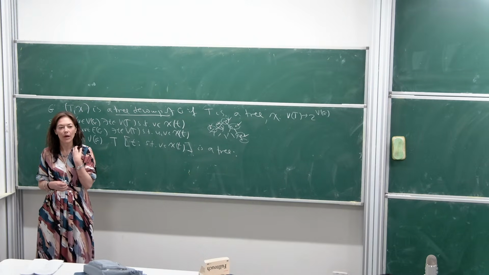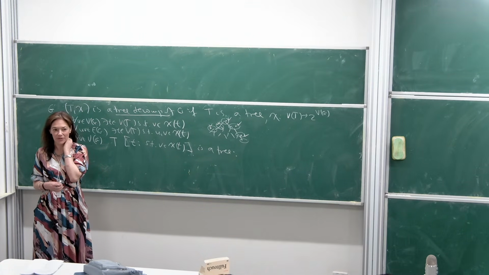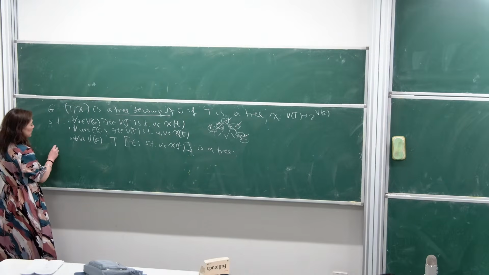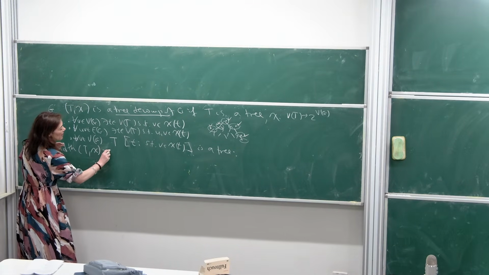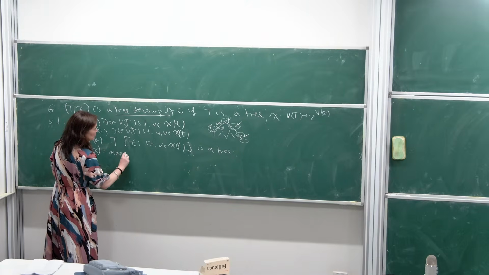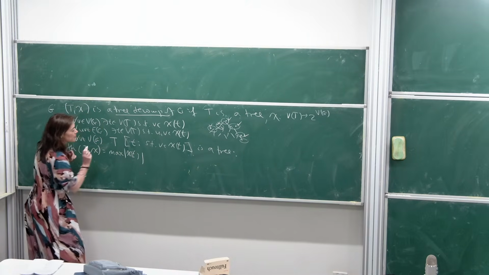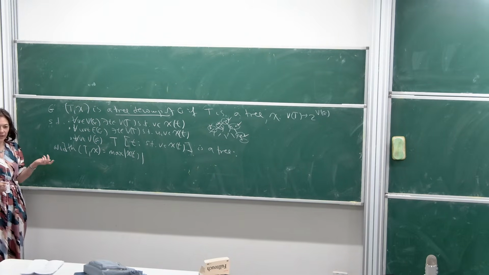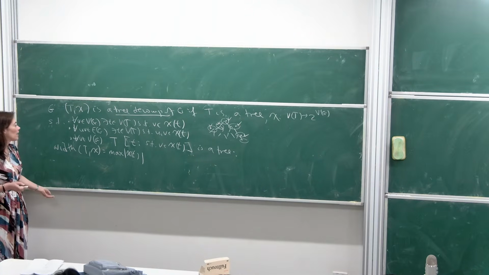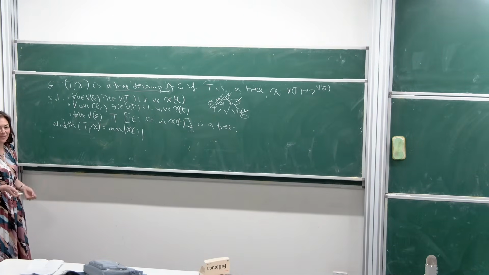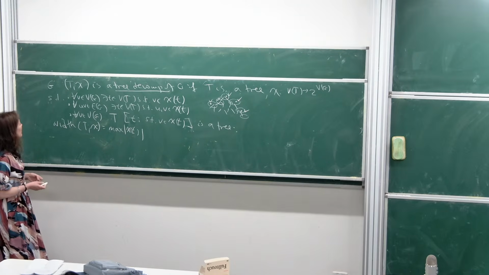So you want to measure the quality of your tree decompositions. Let me say the width of a tree decomposition is the maximum size of a bag. What I just did was a really bad tree decomposition, a tree decomposition of huge width. What you want are good tree decompositions, meaning tree decompositions of small width.